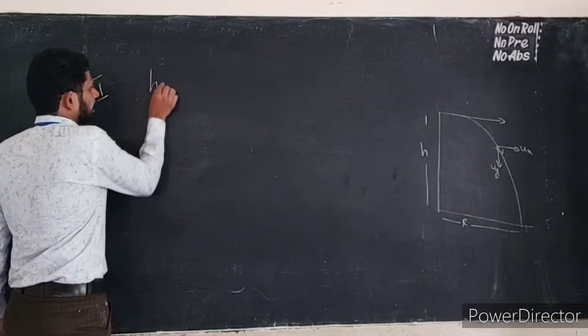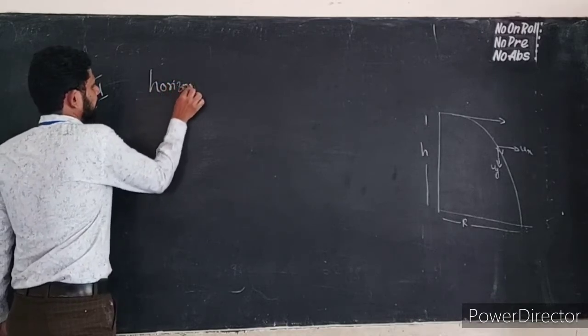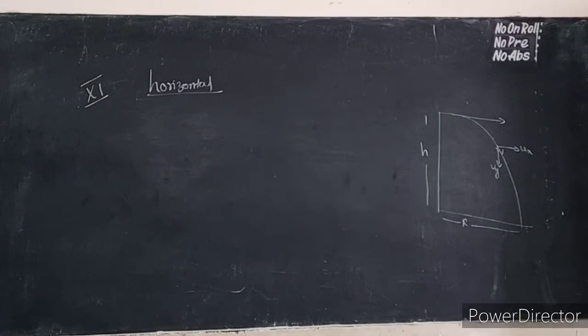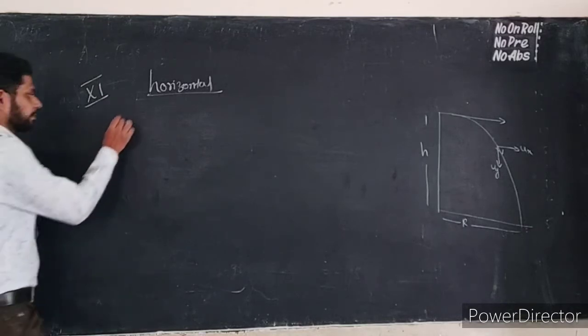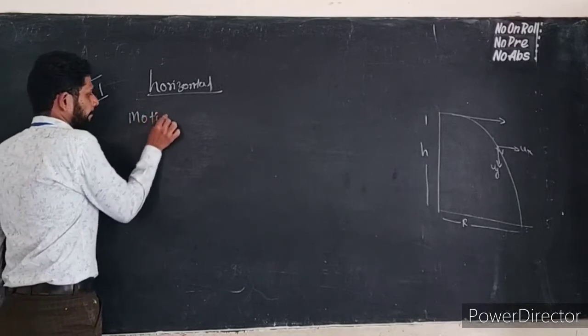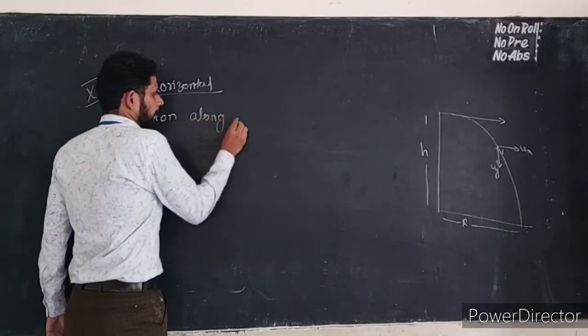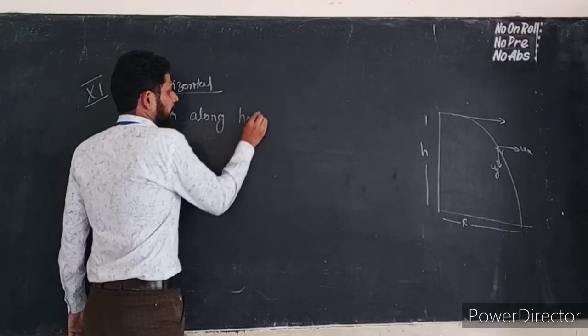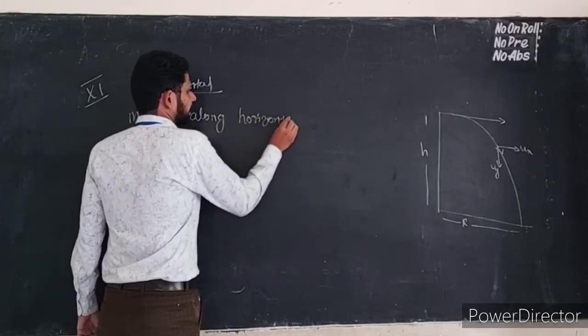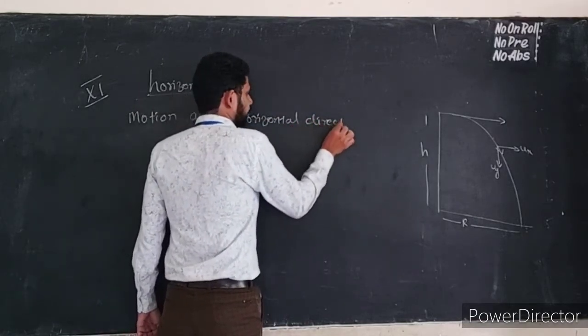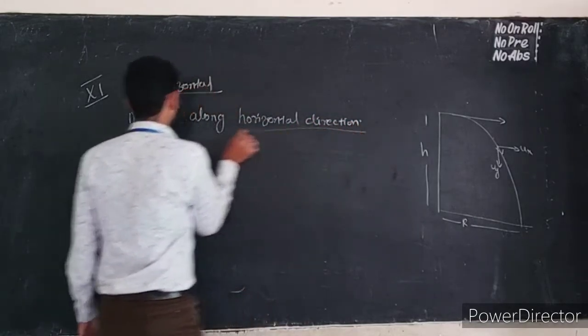Here we have to take a lot of things. First, take the motion along the horizontal direction. Listen, in horizontal we take the x-axis, and for the vertical we take the y-axis. The first one is motion along the horizontal direction.